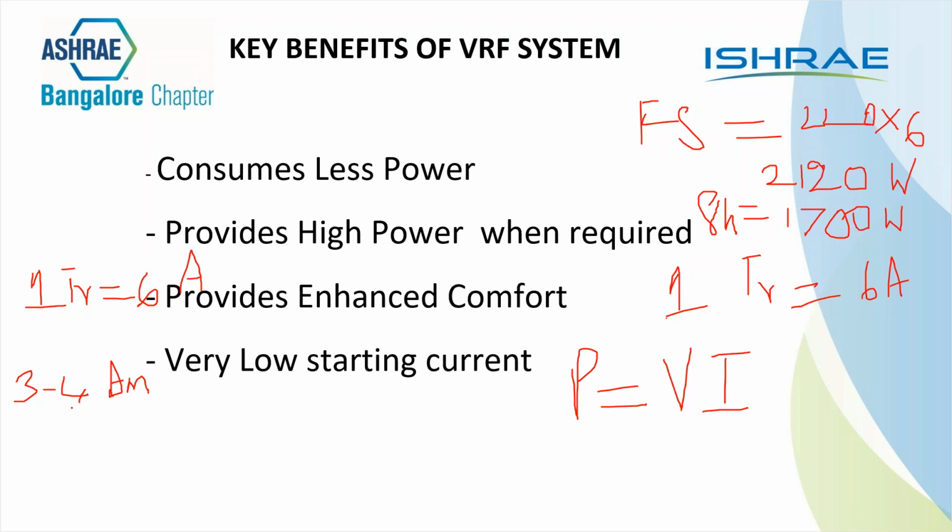I will take 4 amps, which is on the higher side. So it is voltage into current. Voltage is equal to 220, and 220 into 4 will give us 880.